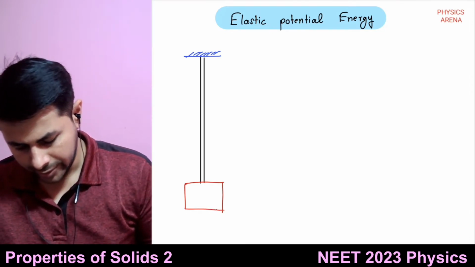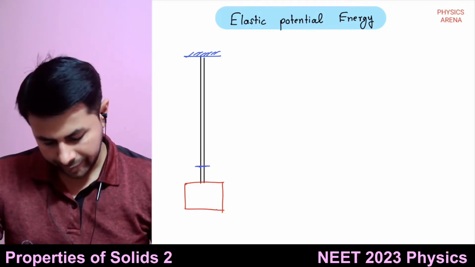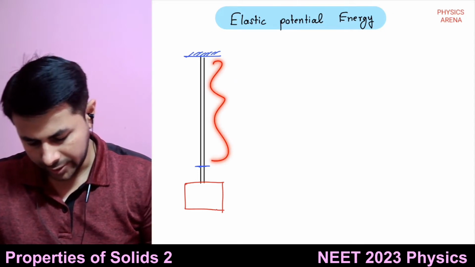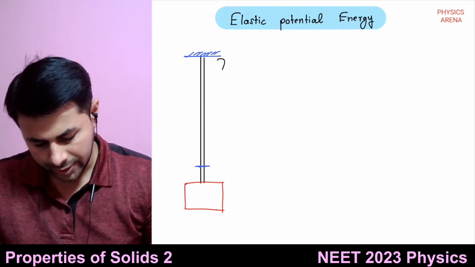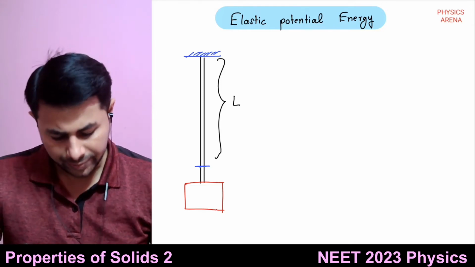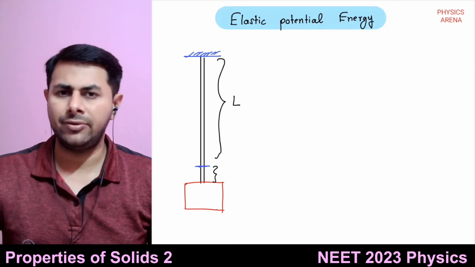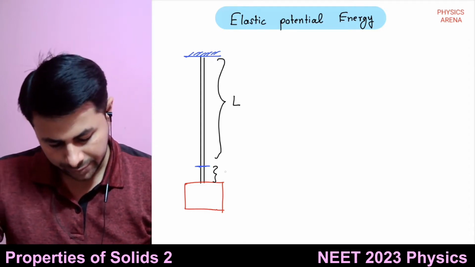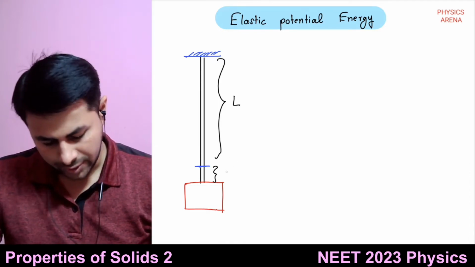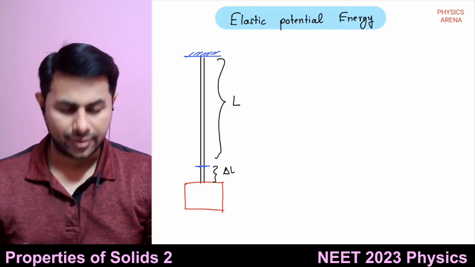Suppose this much was the original length of the wire, capital L, and this much is the extension in the wire. Let's call it delta L.